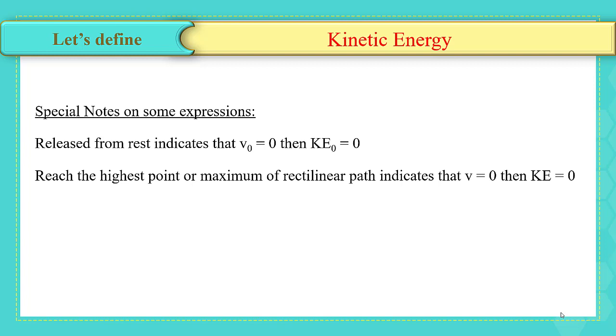And when they say that the object reached the highest position or the maximum height of a rectilinear path, it indicates that its speed at this point is equal to 0 and then its kinetic energy is equal to 0.